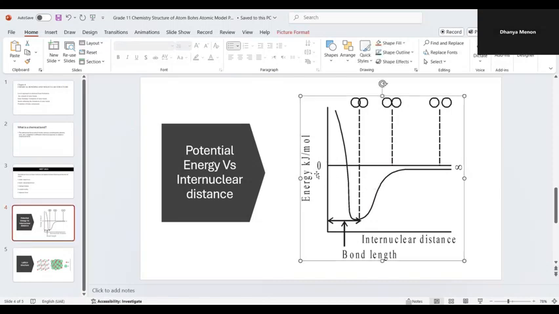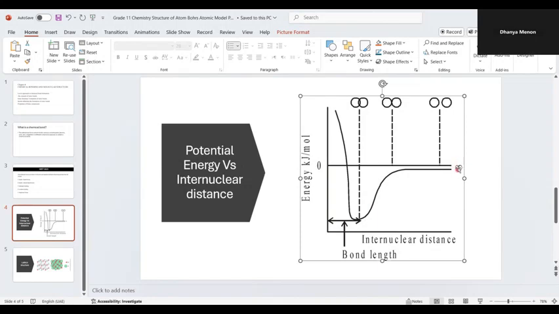This is a graph between potential energy and bond length, right?